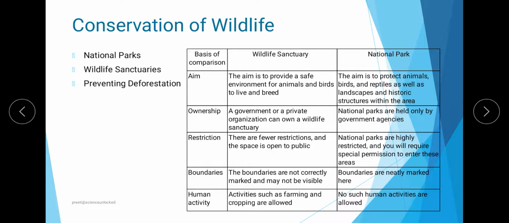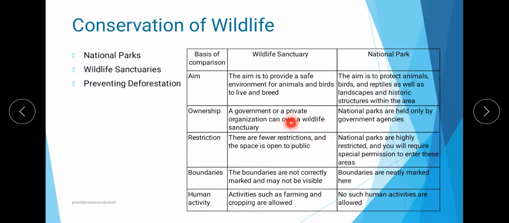Wildlife sanctuaries are regions where the aim is to provide a safe place so that the animals can live and breed, whereas a national park is not only to provide them a safe place but also to protect them altogether.